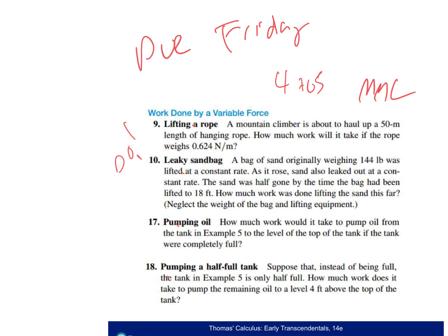Let's see, what's the date Friday going to be? It's April something. April 1st, April 2nd.